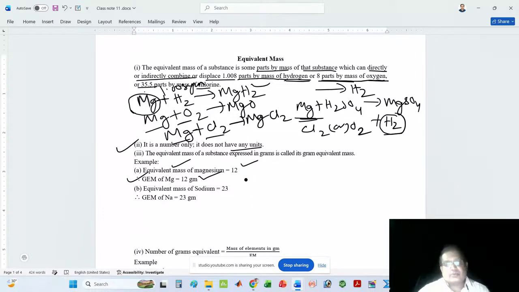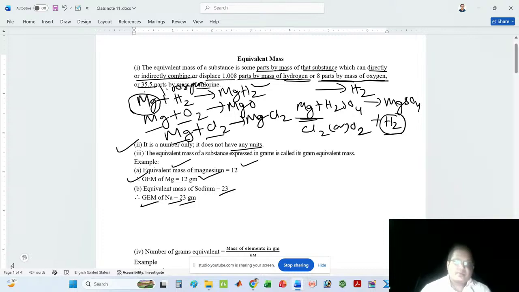The equivalent mass of sodium is 23. Here there is no unit, because equivalent mass has no unit. Now find the gram equivalent mass of sodium. That is 23 gram. Just write down the gram. Then you will be able to find the gram equivalent mass of any substance.